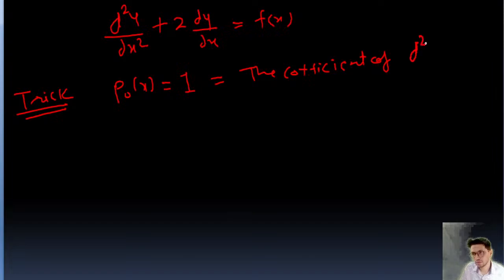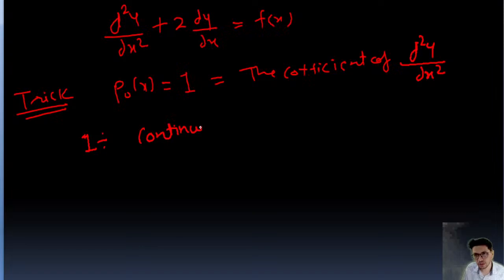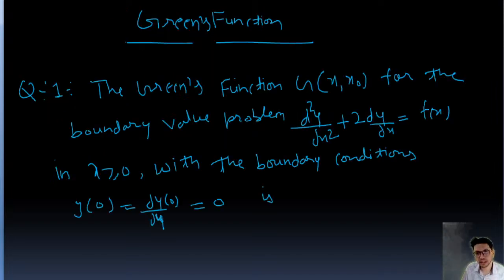The coefficient of d2y over dx square should be 1. So we'll solve this equation in three steps. First we will check continuity at x equal to x naught, because here the function is G(x, x naught).